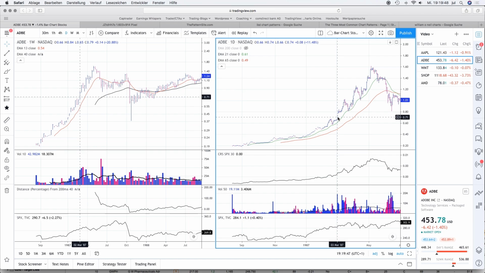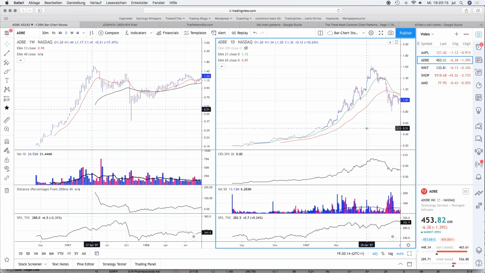One thing you must keep in mind is when you look at the prices here, for example, Adobe at 60 cents, that was never the real price. This is not split adjusted. So the stock was split multiple times in history, and that means that the price will also be very, very small and very low.